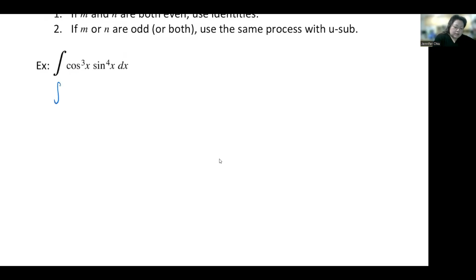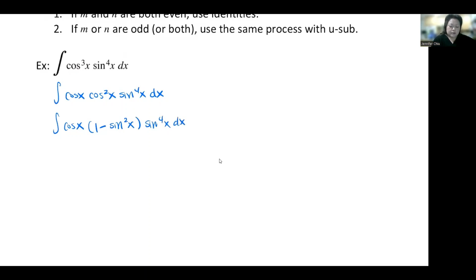So in this case, I'm going to take a single cosine out, and I have cosine squared x sine to the fourth x dx. And then using my identity, I know cosine squared x becomes 1 minus sine squared x, and then sine to the fourth x dx.